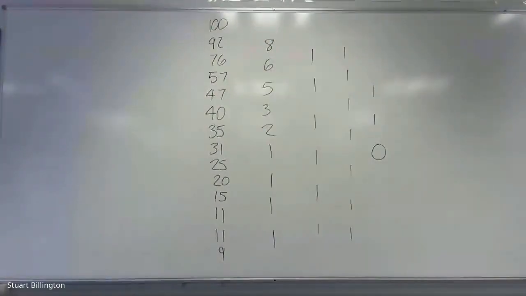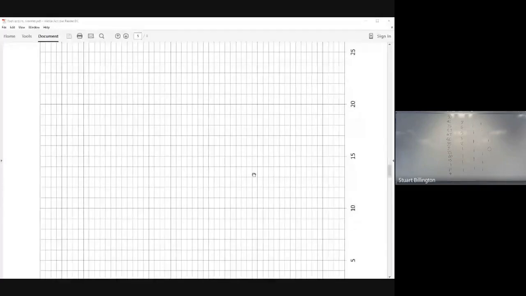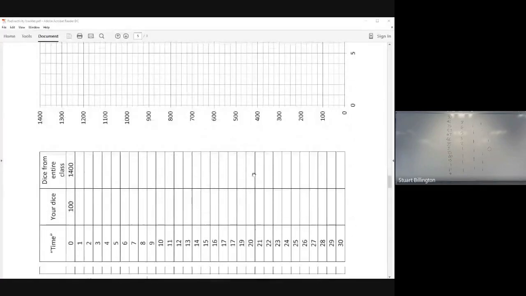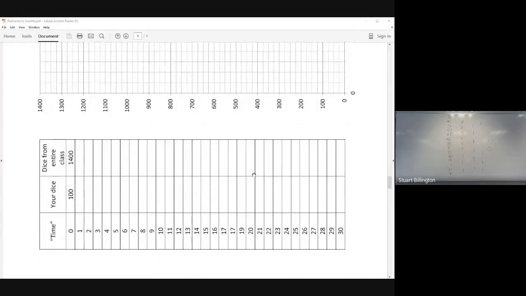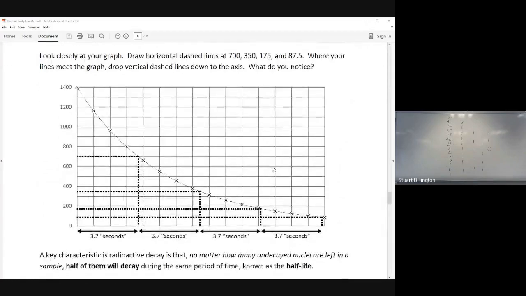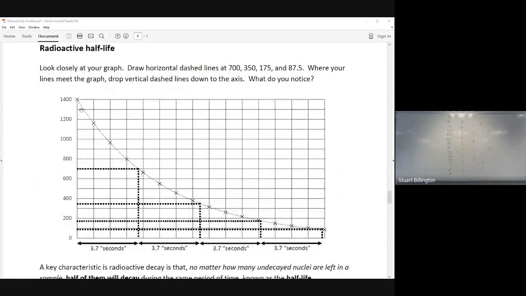So let me just switch back to the booklet. There's your empty graph that you were supposed to be drawing today. So what does it look like when you put the line of best fit on it? It's this lovely, lovely curving dashed line that's on there.